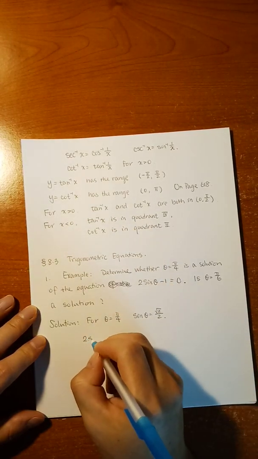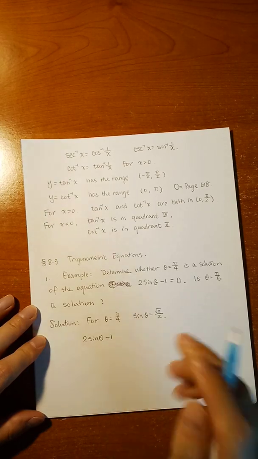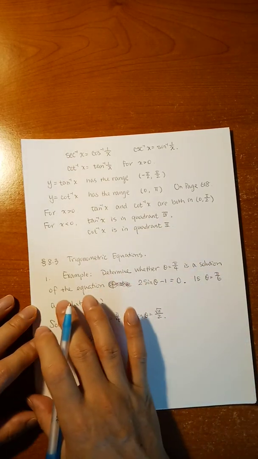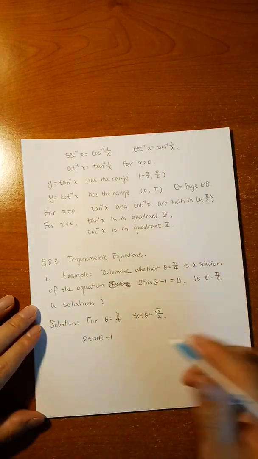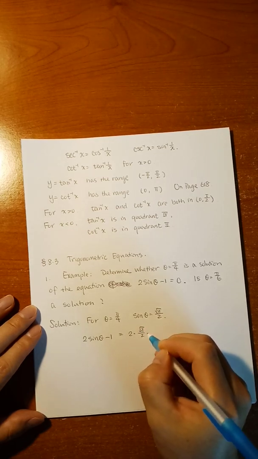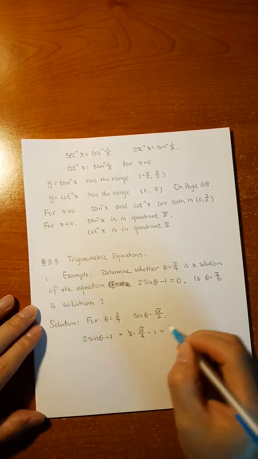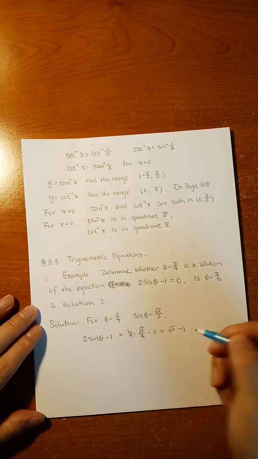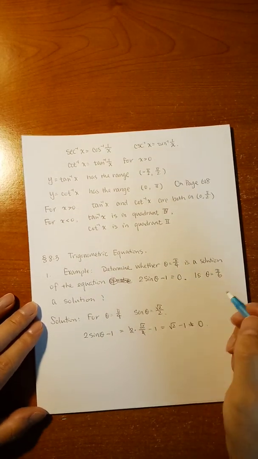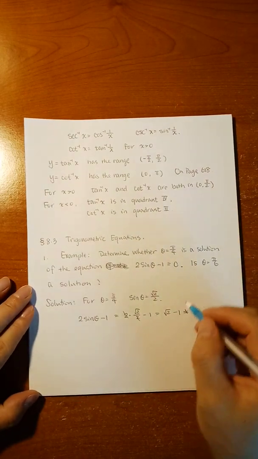So 2 sin θ − 1: for this moment, you don't know whether it is an identity or not, so you always start from one side and get the other side. So it's 2 times √2/2 minus 1. Cancel 2, you get √2 − 1. And we know √2 is not equal to 1. So this is not equal to 0.